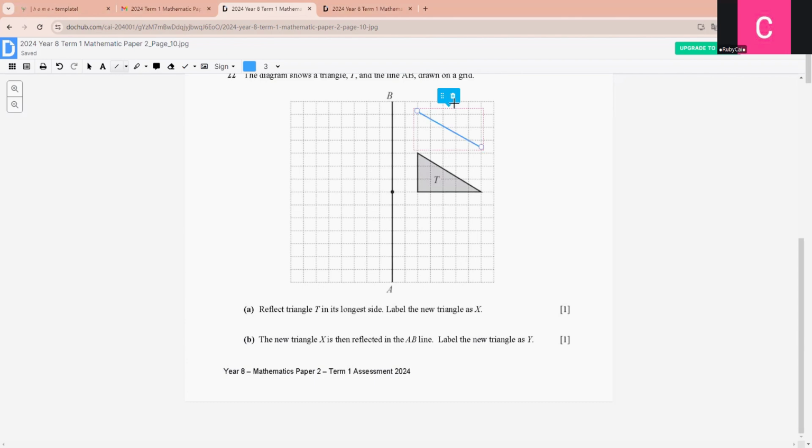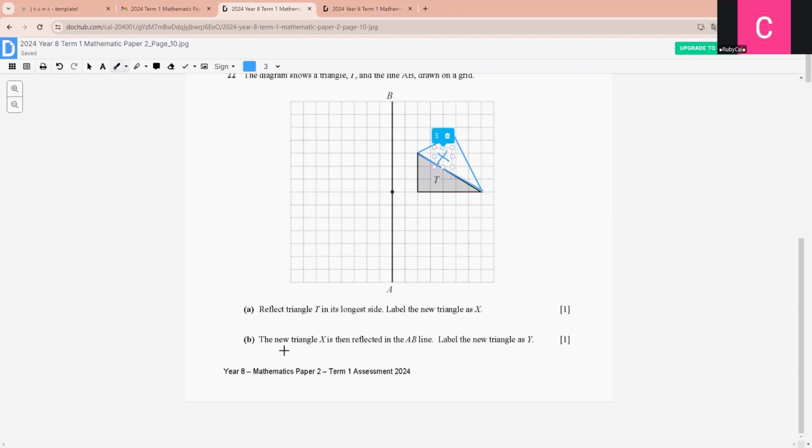And so we reflect that line. It should look like this. And you have to label it as X.